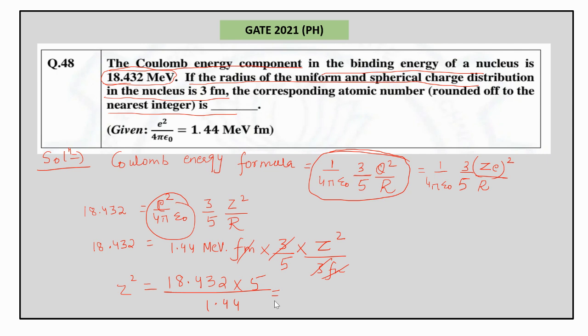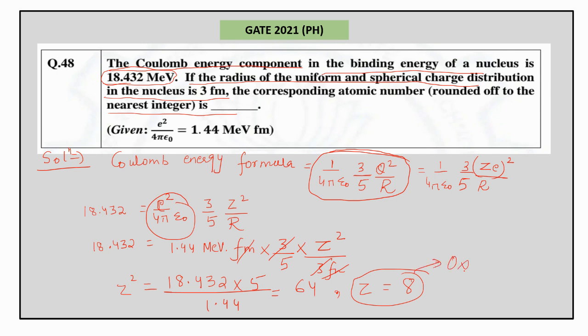Calculate it. This will come 64. So Z will be 8, right?